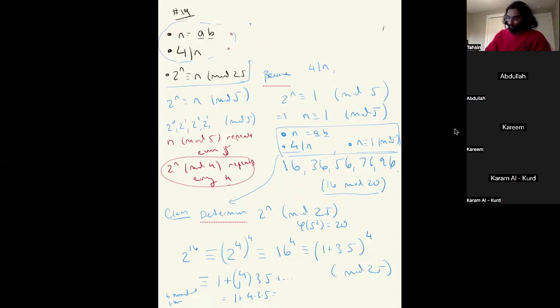So what is the mistake I've made? Oh no, maybe it's not a mistake. Yeah, it's not a mistake. So this is 61, which is 11 mod 25. No, sorry, this is not 11. No, yeah, this is 11 mod 25.